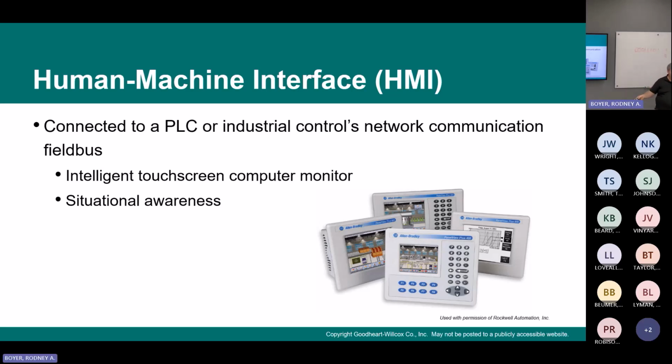Have a keyboard, have a mouse. Those are all monitor, that's all HMI stuff. The push buttons and pilot lights on these trainers, that's all HMI stuff. OIT is the electronic touch screen like these.